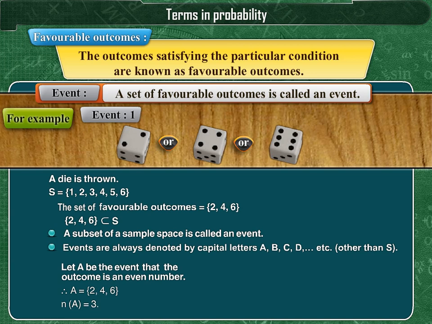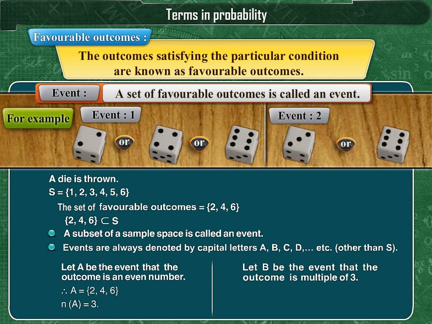We can write it as shown here. If we consider event B as the multiples of 3, then set B contains the sample points 3 and 6. Therefore, number of elements in set B is 2. We will now solve a few examples based on what we have learnt so far.